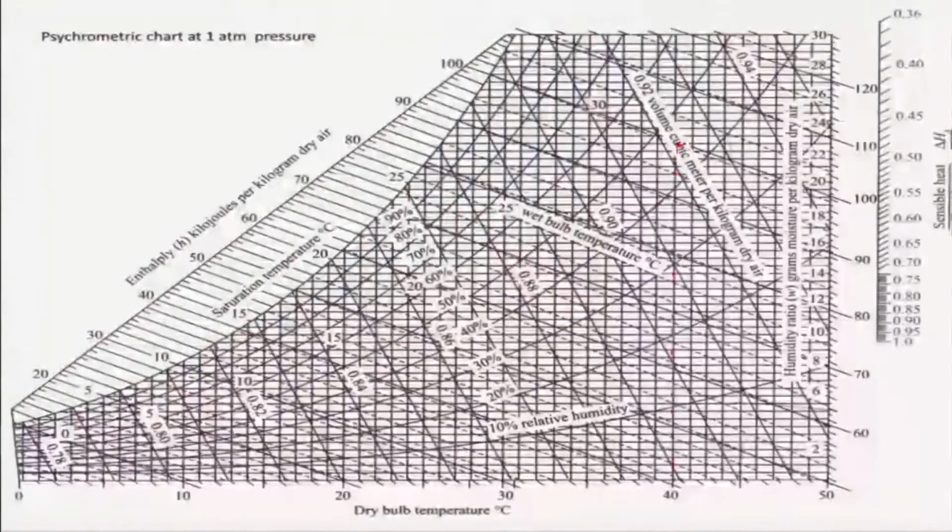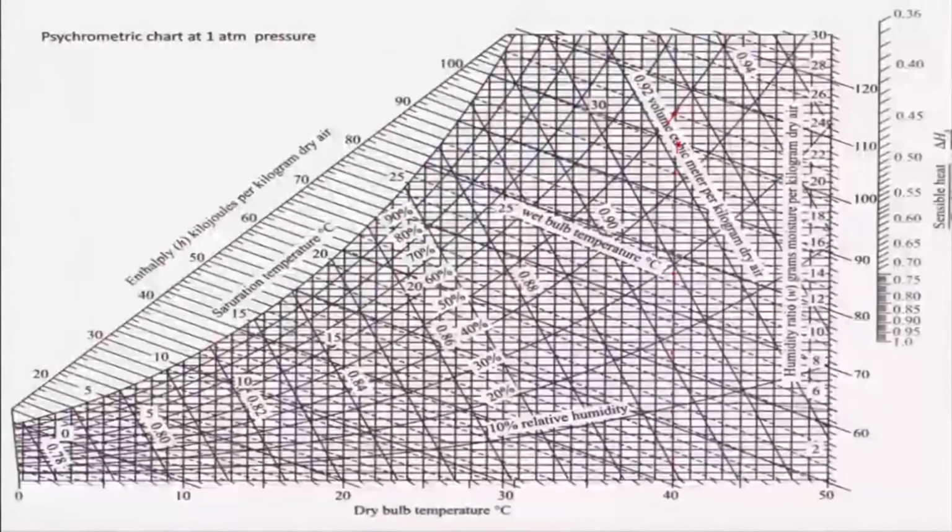This is 40 and this is 50. This line is 50 relative humidity, and this line is 40. So here it will be around 0.45. You can also do a linear scale and interpolation.